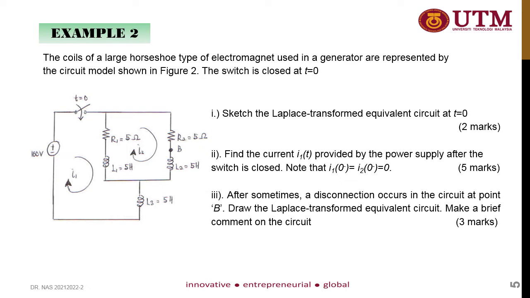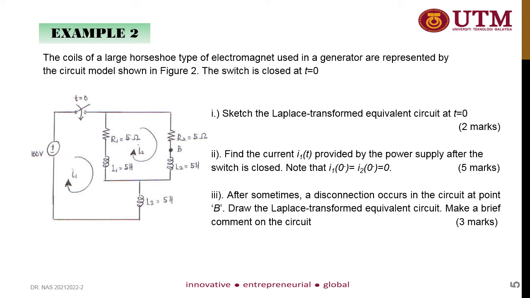And then the second question, find the current I1(t) provided by the power supply after the switch is closed. So you need to find I1(t) when t is now larger than 0 and the switch is closed. So now you have the complete circuit, and you need to use the loop current analysis to find I1(t).